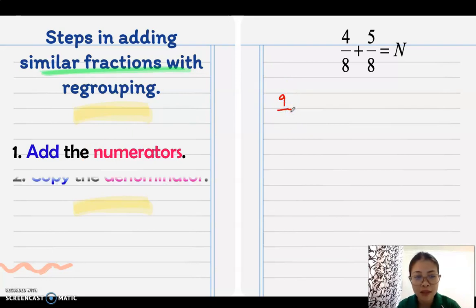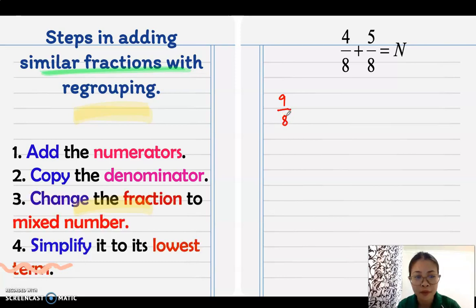Next, copy the denominator, which is 8. Then regroup. When do you regroup? You regroup when the numerator is bigger than the denominator, or if it is an improper fraction.